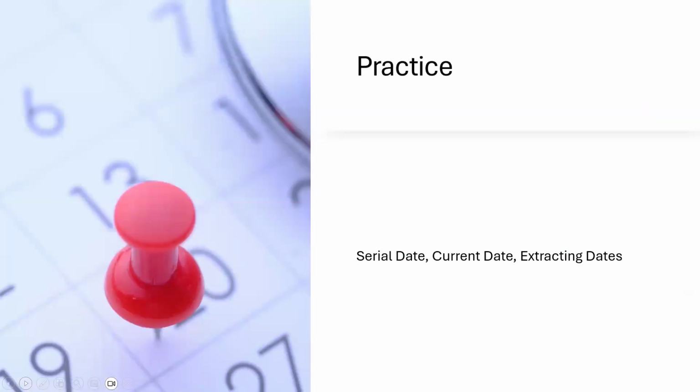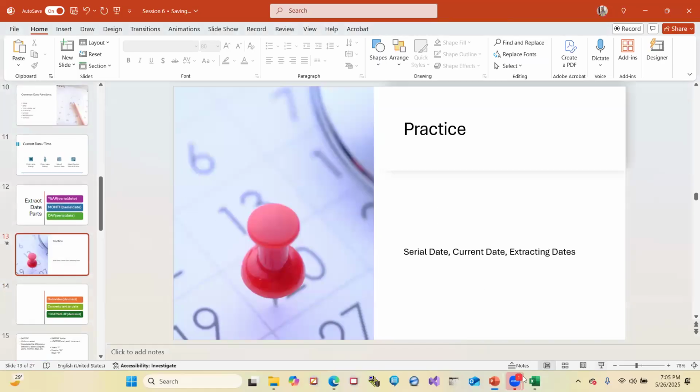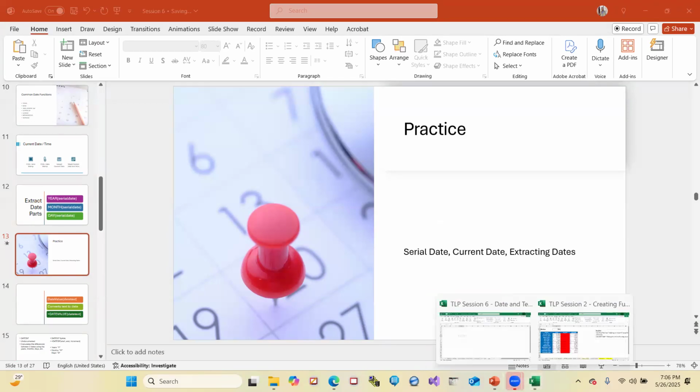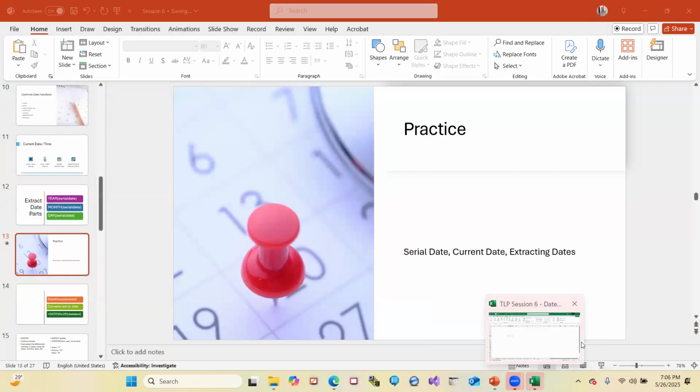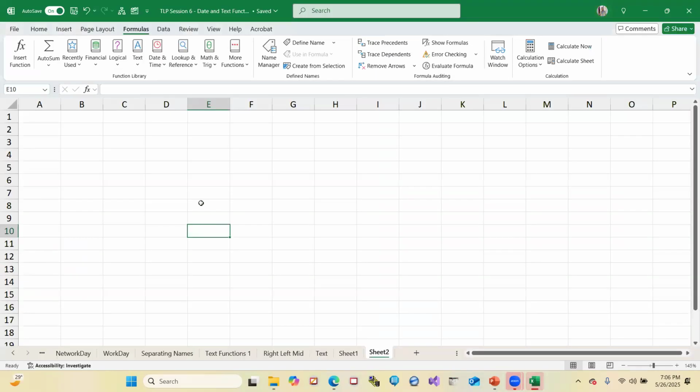Okay, now we are into the practice slide. Let's see what we have here. Undocumented means when you try to type it in Excel, it doesn't show. For example, I have equals.